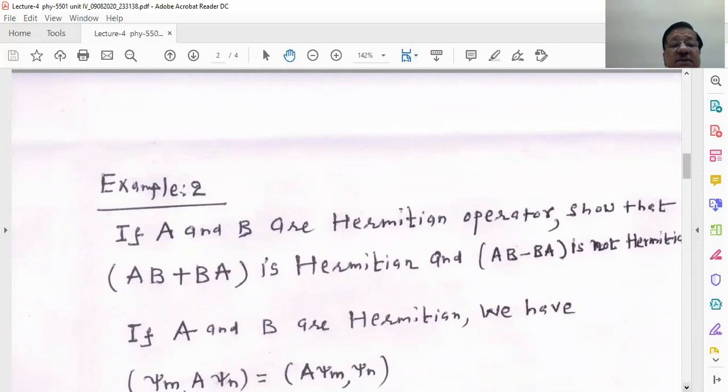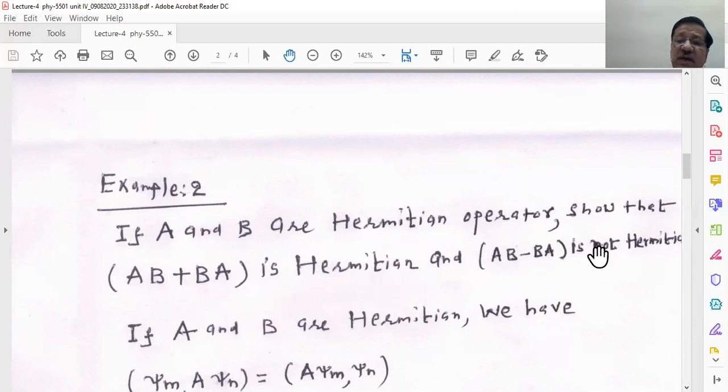Here is example number 2, which we will now take: if operators A and B are Hermitian operators, show that the operator AB plus BA is Hermitian, and the operator AB minus BA is not Hermitian.